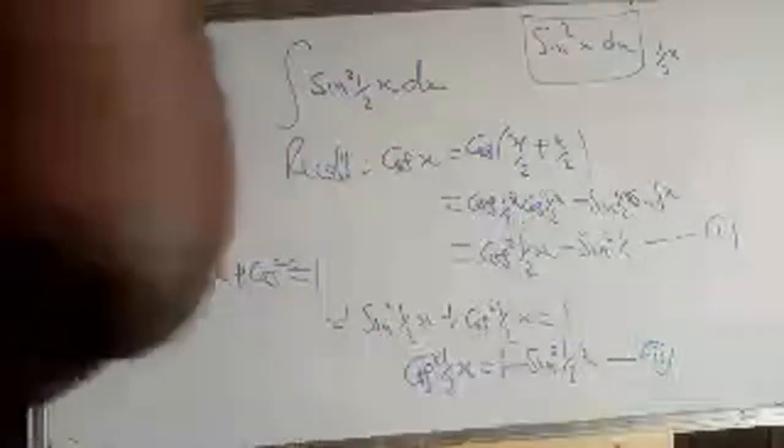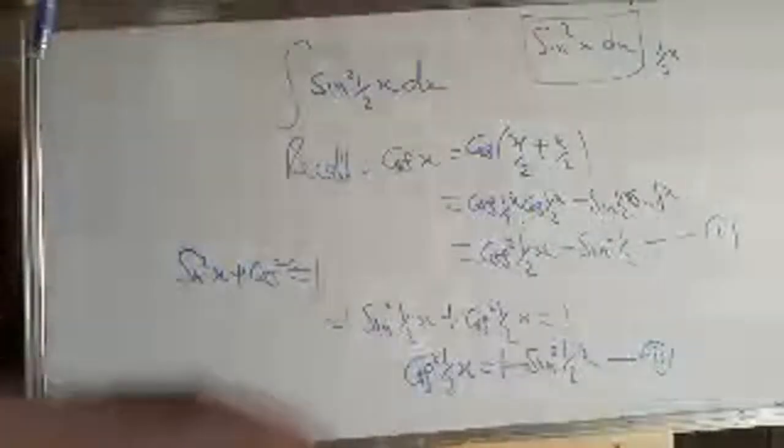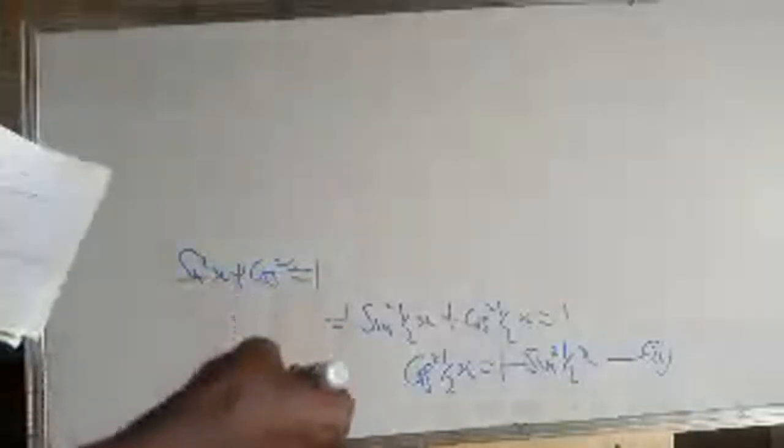With that, we can put this value, equation 2, into equation 1. Substituting equation 2 into equation 1 will give us what? Unfortunately, I've cleaned equation 1, but I think we have cos 2x equal to cos square half x minus sine square half x.